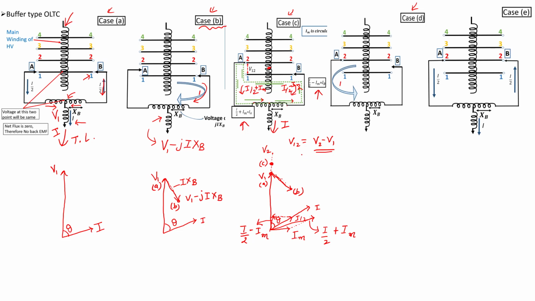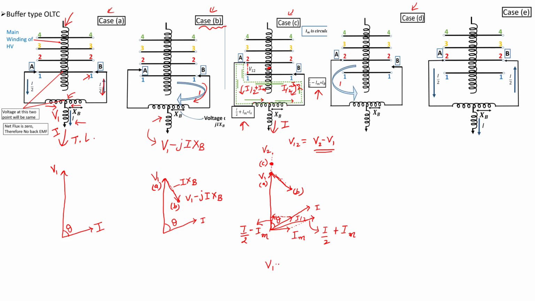We can also prove mathematically that these are the positions. Then how to prove that? So this is V2. You can proceed from either V1 or V2. In this case, from V1, what is position C?